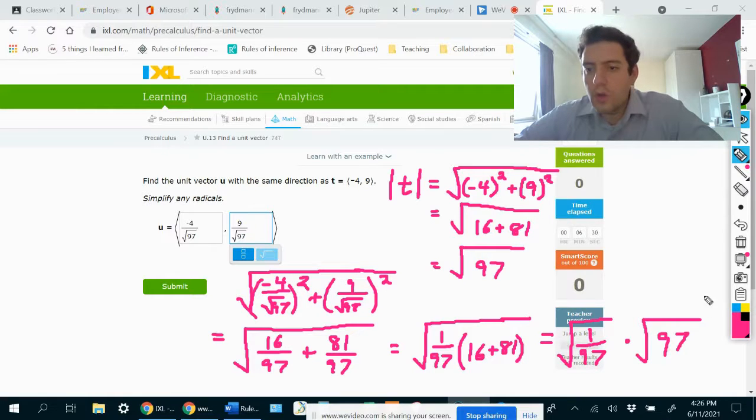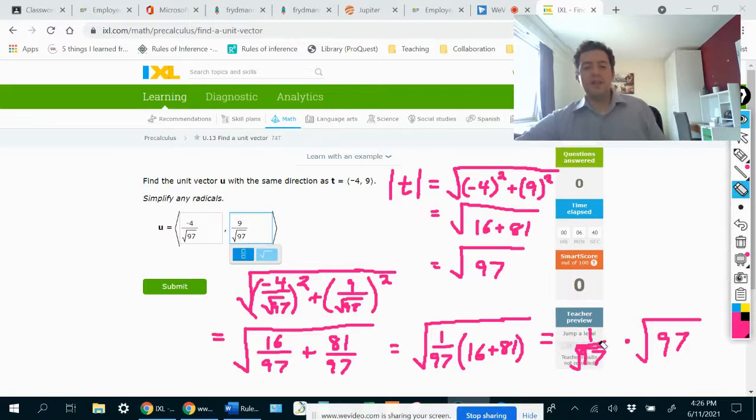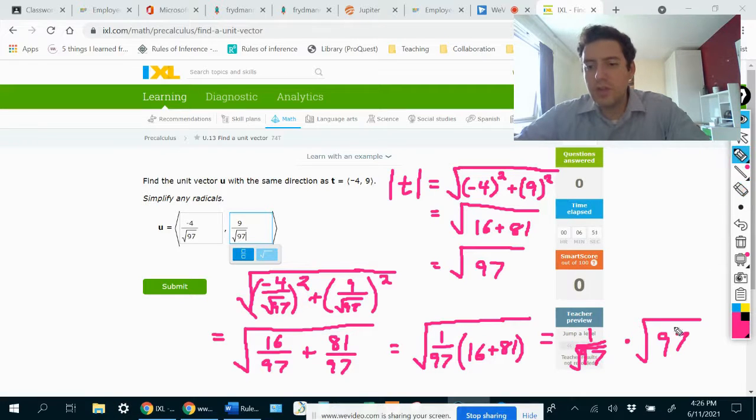So, and actually we can rewrite this as the square root of 1 over the square root of 97, but the square root of 1 is just 1. So what we have in the end here is that the magnitude of this vector, which we wrote, is 1 over the square root of 97 times the square root of 97. So these would cancel and we would just get 1.